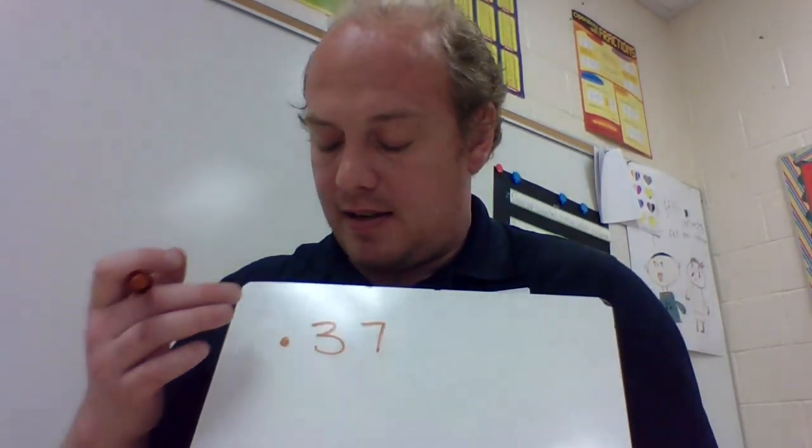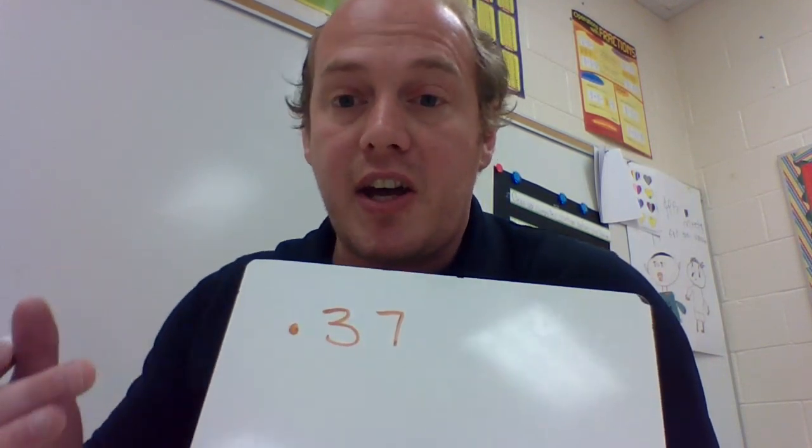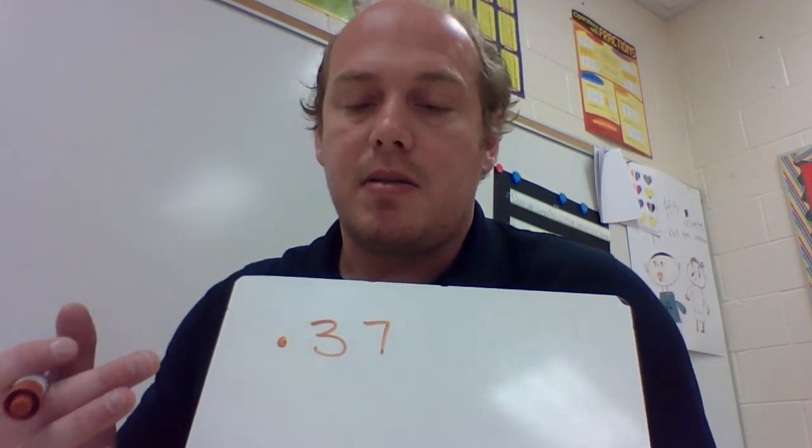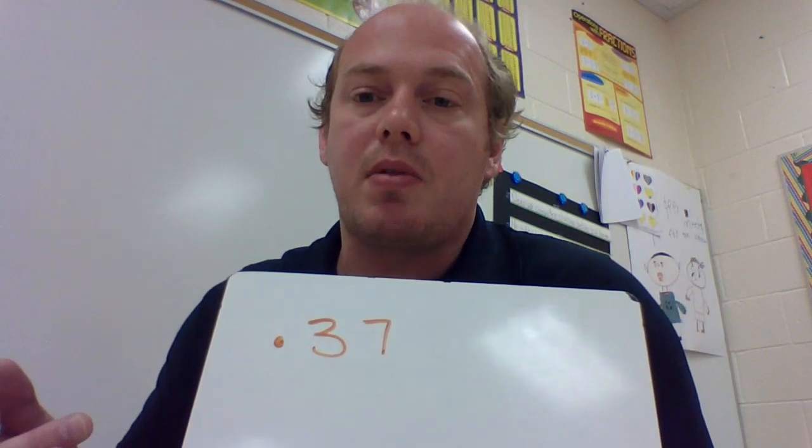Now we're going to add a number. So we're going to add 7. So this whole decimal number is: the 3 is in the 10th place. The 7 is in the 100th place.